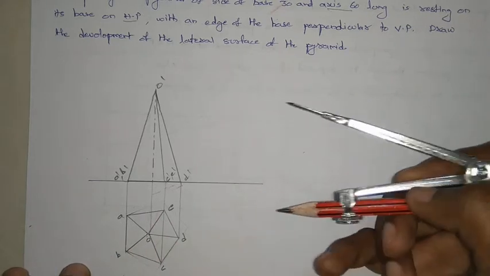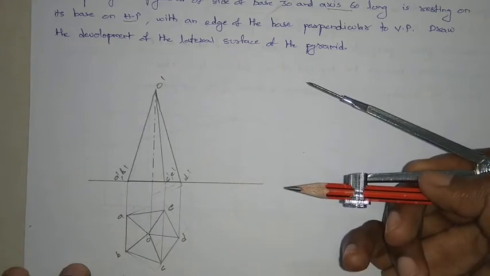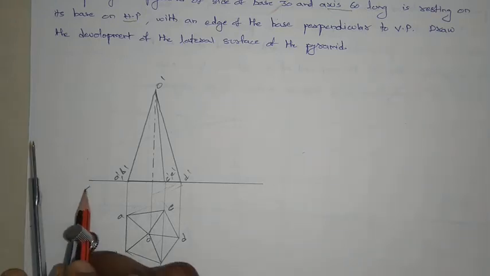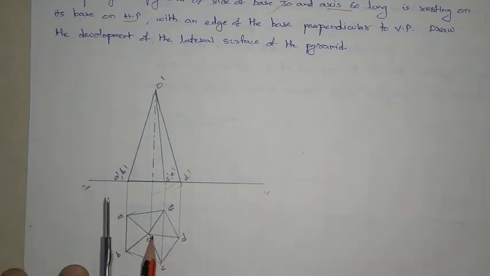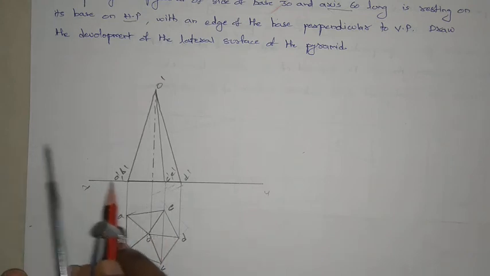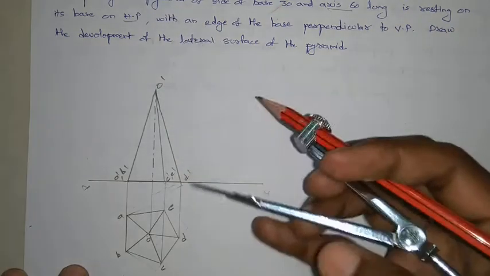So out of 5 slant edges, which slant edge length we have to consider? So we have to consider the slant edge which is parallel to this xy line. So you can see this is parallel to xy line. So the slant edge length is here, we have to take in the top view.